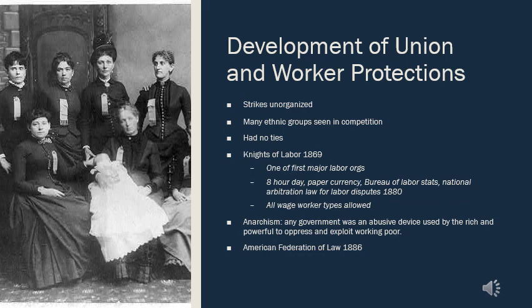Now, one last thing I want to talk about with unions before we get into some other finer points is that a lot of these unions start out arguing for utopian and socialist attributes, but they're not unique in that. This is sort of a cultural movement across the 19th century as well.